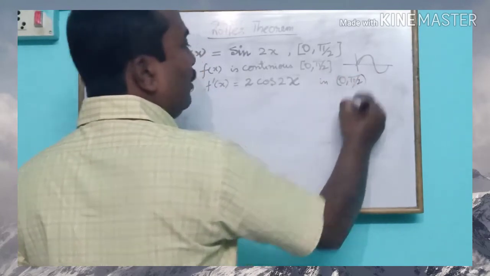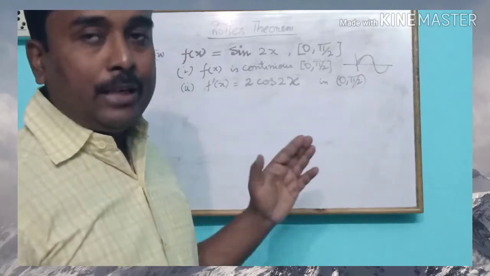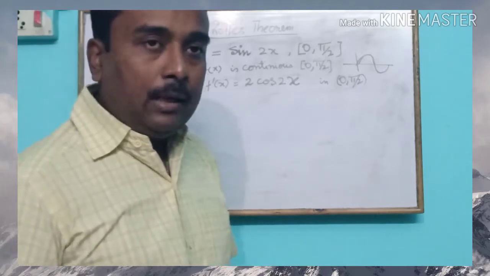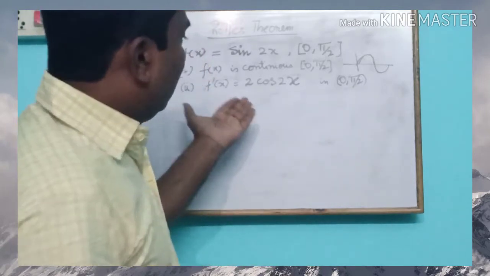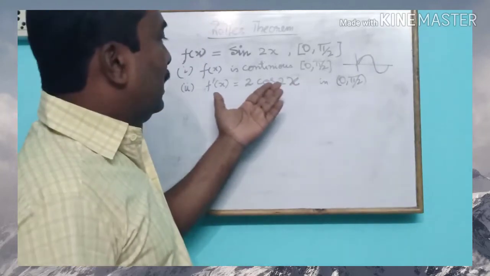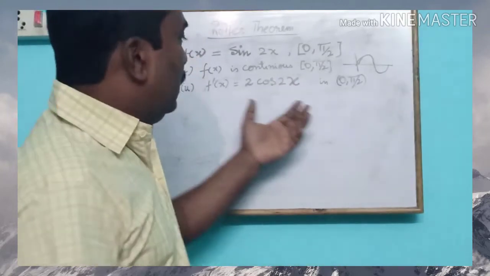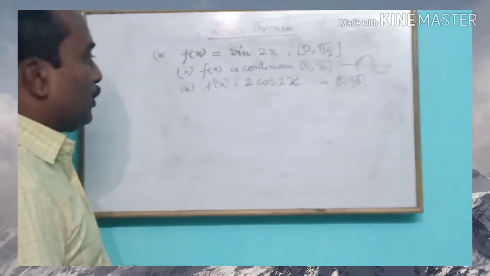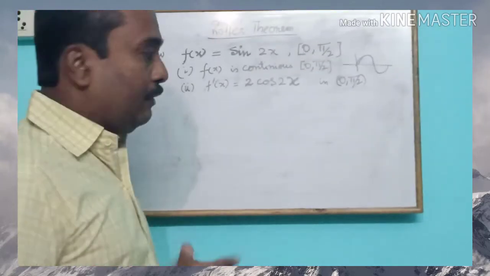What do you mean by derivable? Derivable means the derivative does not become infinite or cannot be calculated, or is not something indeterminate in the interval 0 to pi by 2, for all the values in between 0 to pi by 2. Hence f'(x) is derivable.